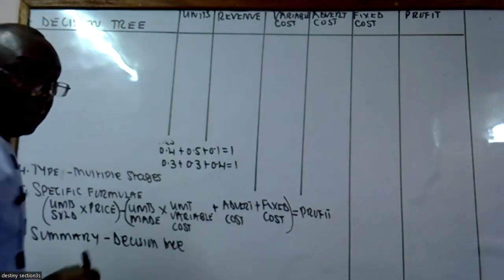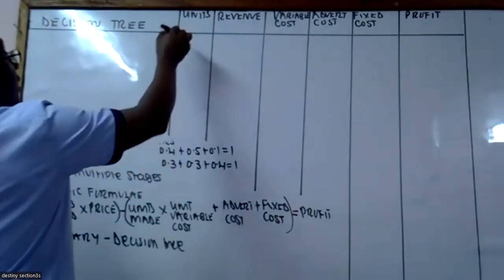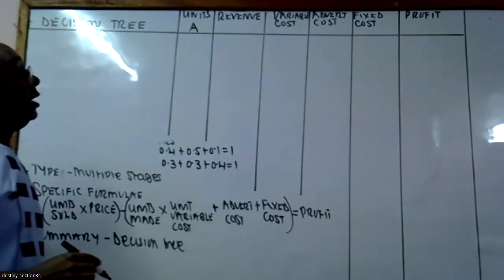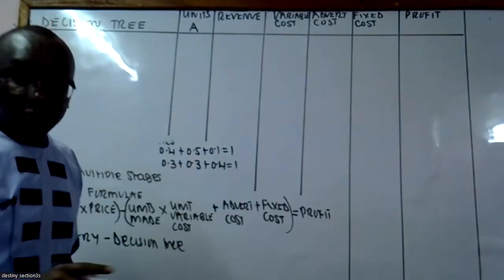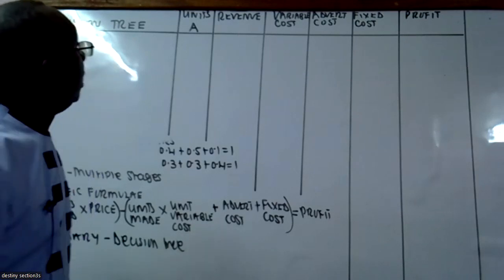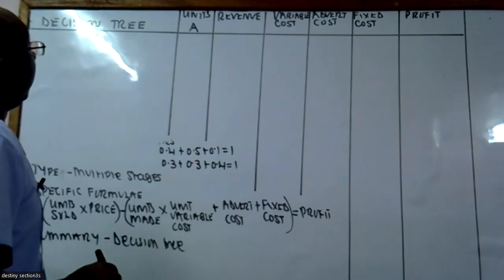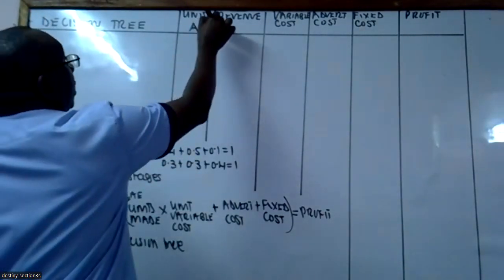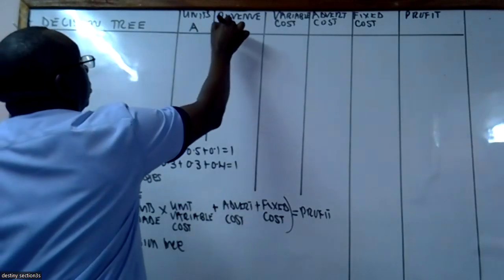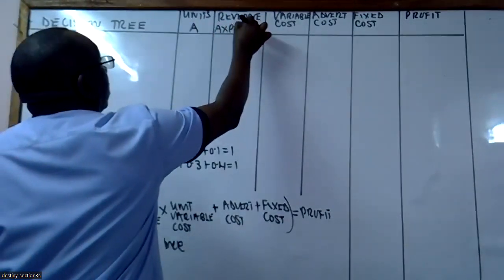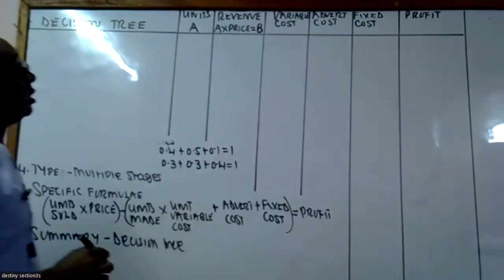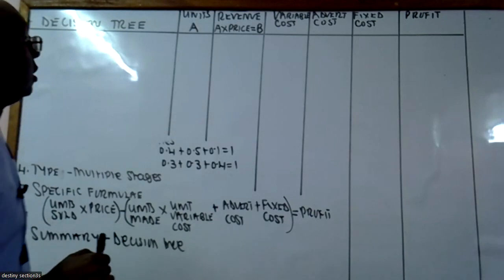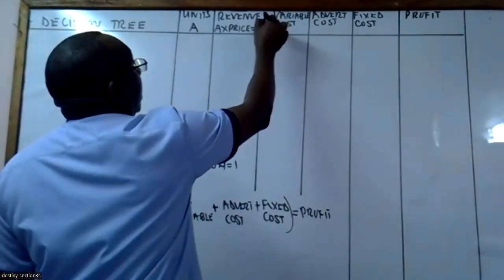So if I call my units A, then my revenue will be A times the price, and I call them B. I have variable cost.